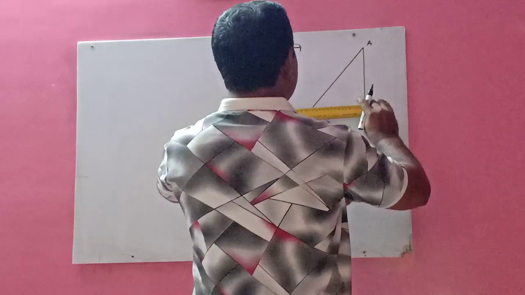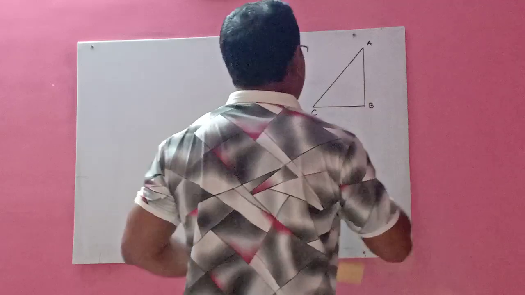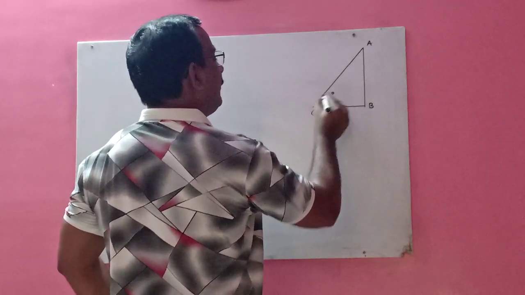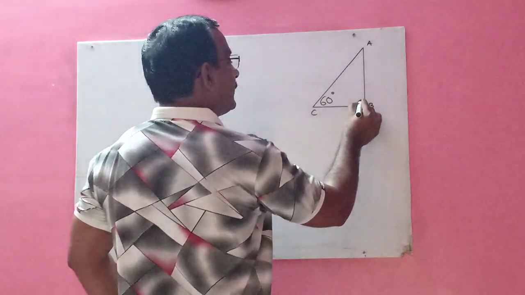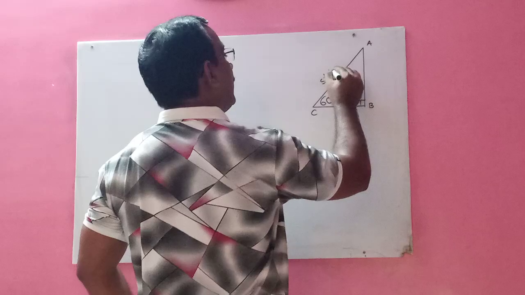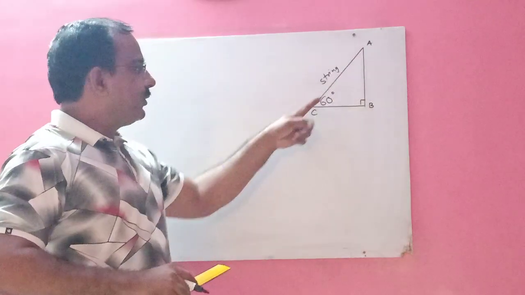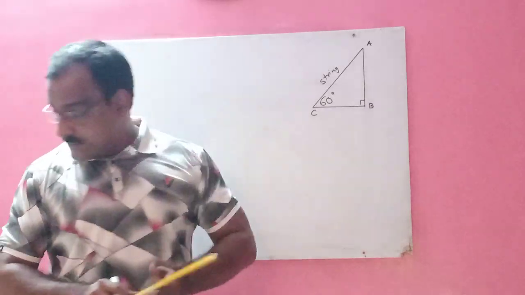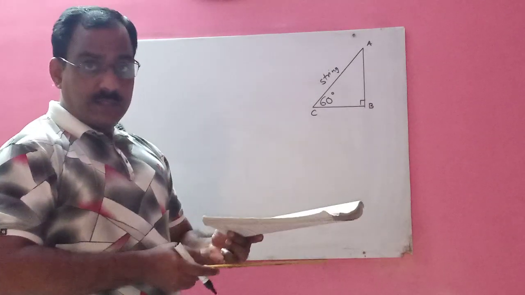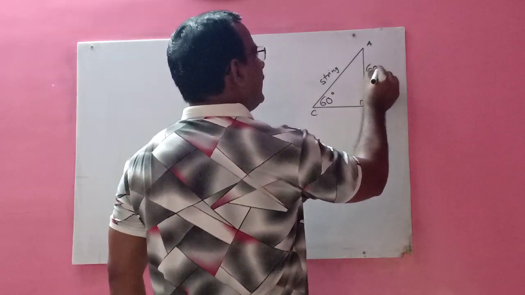This is given an angle of 60 degree. This is 90 degree. This is the string. We have to calculate the length of the string, and the height of the kite from the ground is given, this is 60 meter.